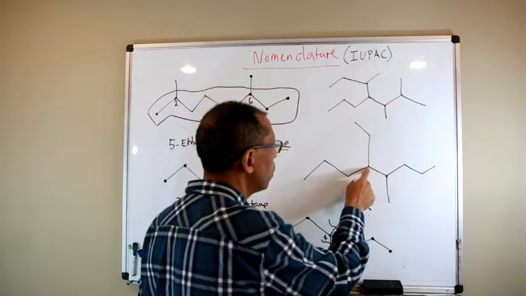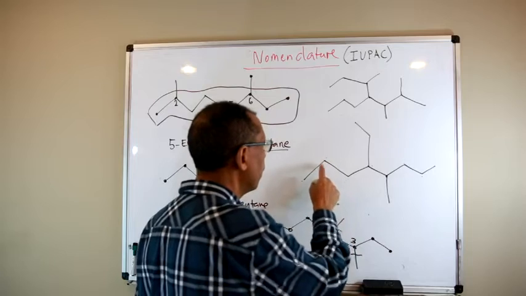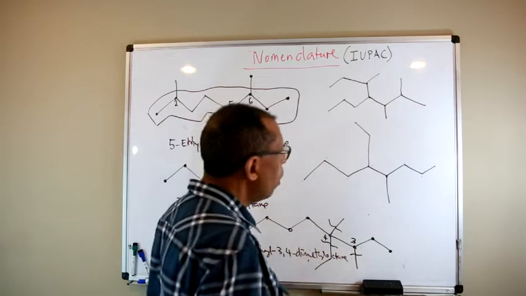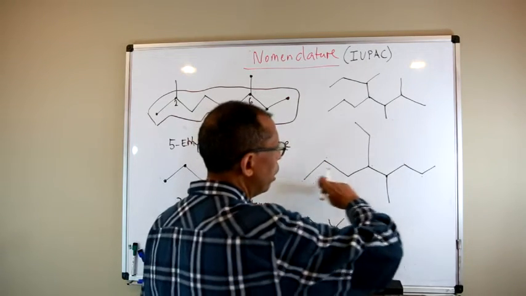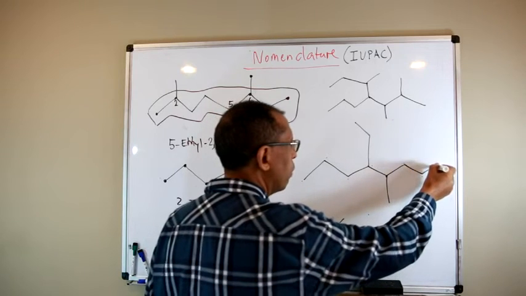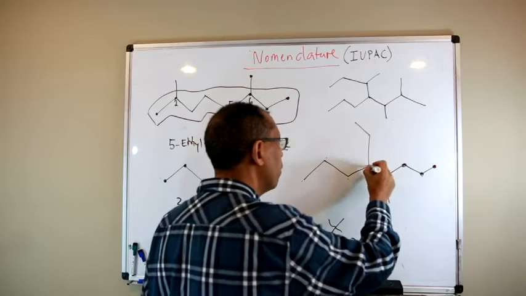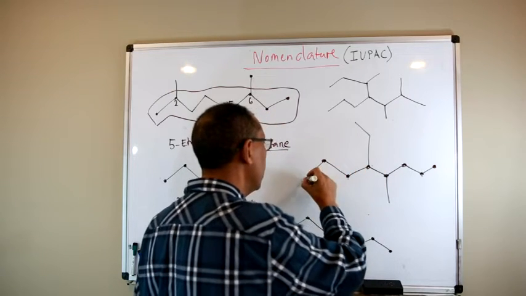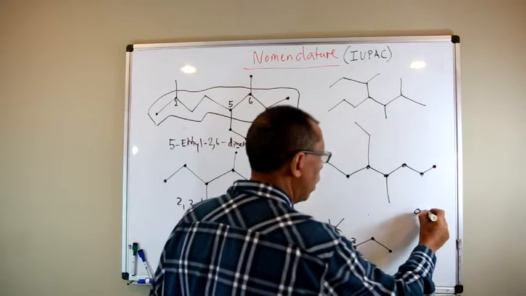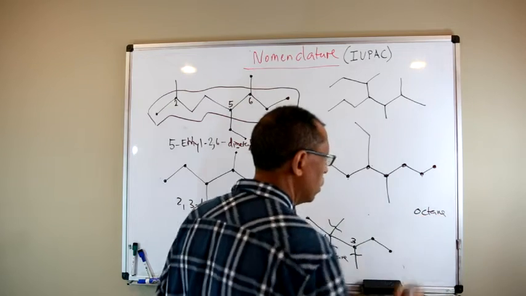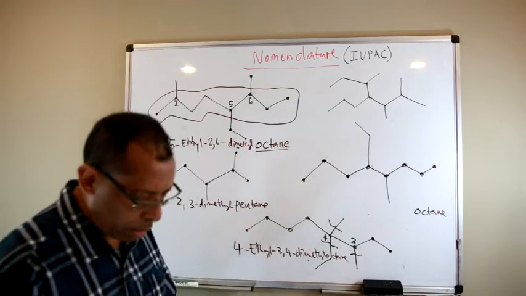The longest chain is the one in the middle, because you have 1 carbon here, 2 carbon, 3 carbon, 4 carbon, 5, 6, 7, 8. So it's still an octane compound, octane with 8 carbons.